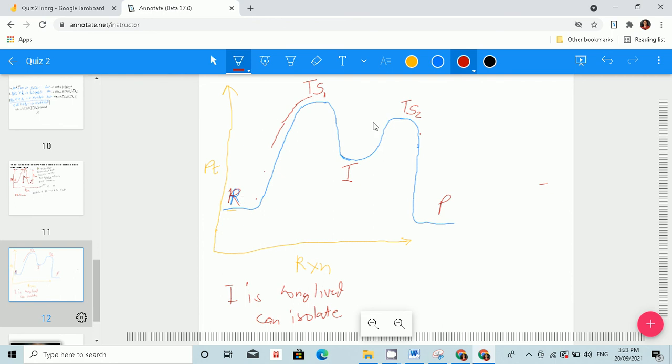In the case of the substances, they have reached their highest potential energy, and then you go down, down, down. So the time that you were in the air, that's the transition state. We cannot catch it. It's very short-lived.